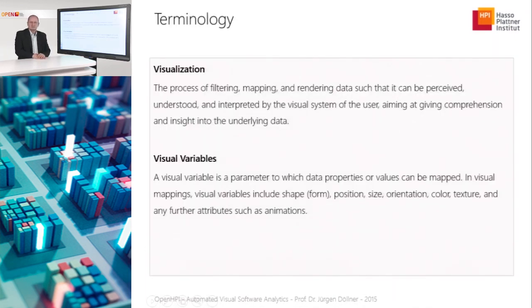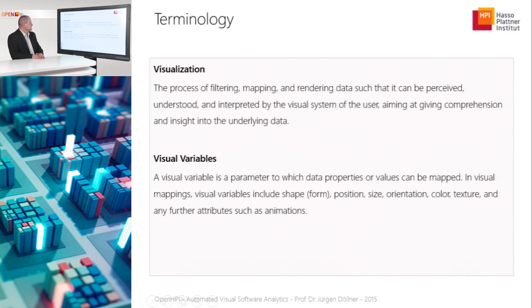Some terminology. We have introduced the term visualization. It's defined by the process of filtering, mapping, and rendering data, the three stages, such that it can be perceived, understood, and interpreted by the visual system of the user, aiming at giving comprehension and insight into the underlying data. Another key term is visual variable or visual variables.